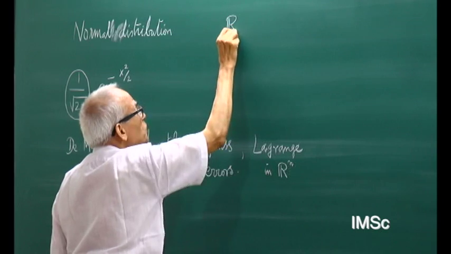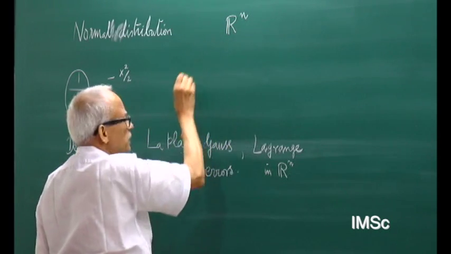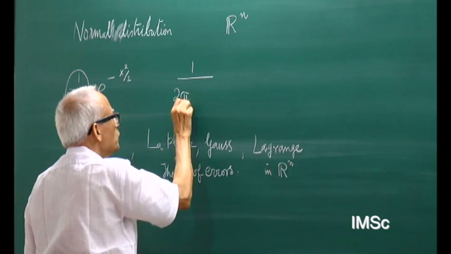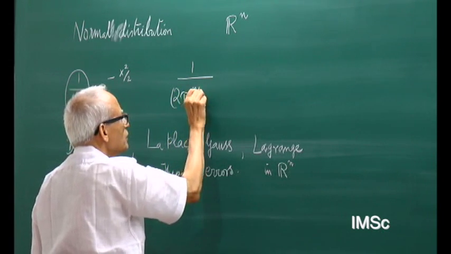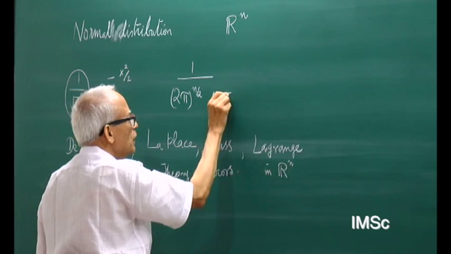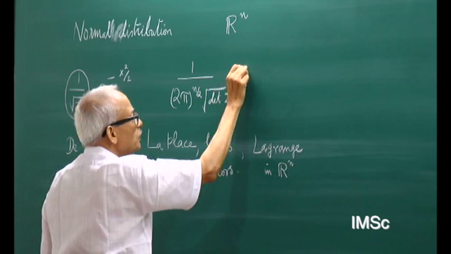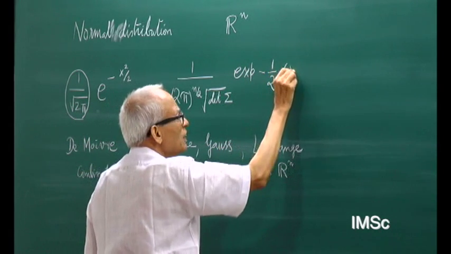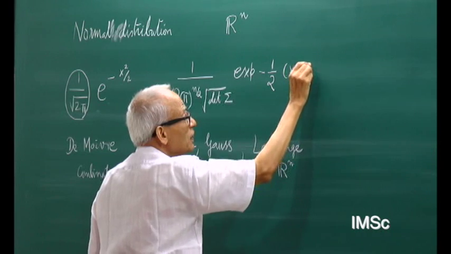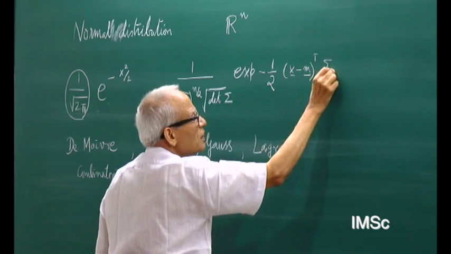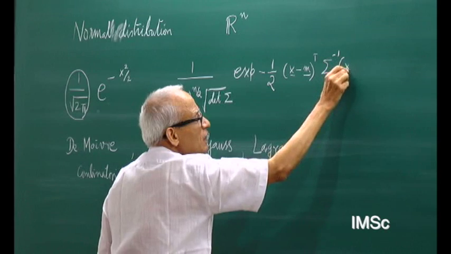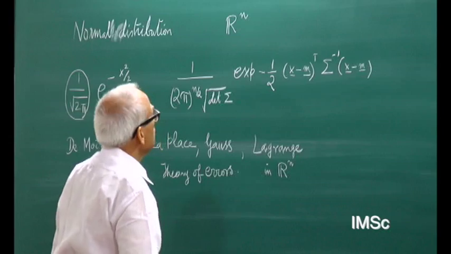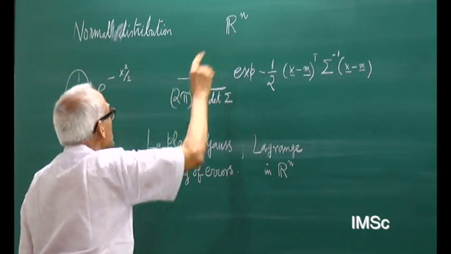So in Rn, the most general Gaussian or normal density is 1 by (2 pi) to the power n over 2, determinant of sigma to the root, into exponential minus 1/2 (x minus m) transpose sigma inverse (x minus m), where m is a mean vector. This is a probability density function in Rn.